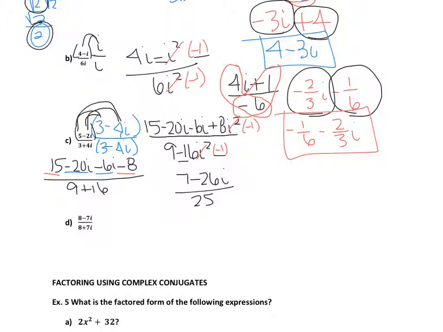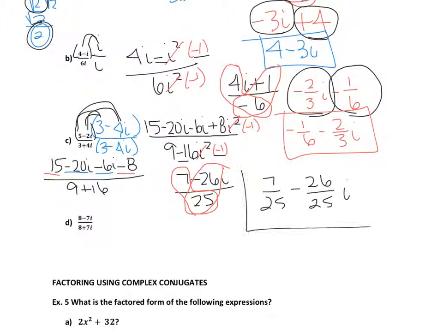We still have to break it apart into a plus bi form. So split it. 7 over 25 minus 26 over 25i. And that's in a plus bi form, and we're done.